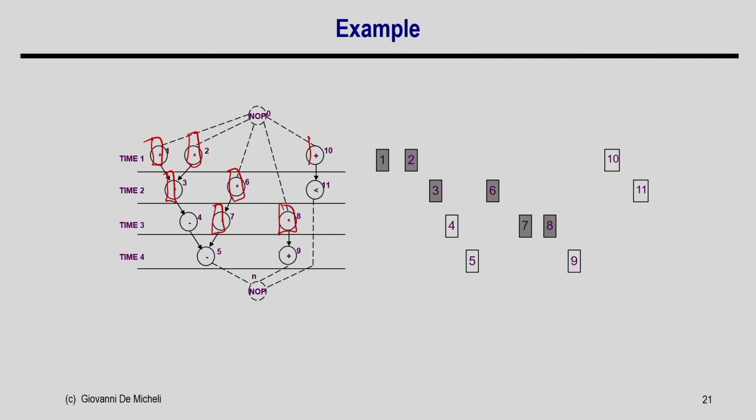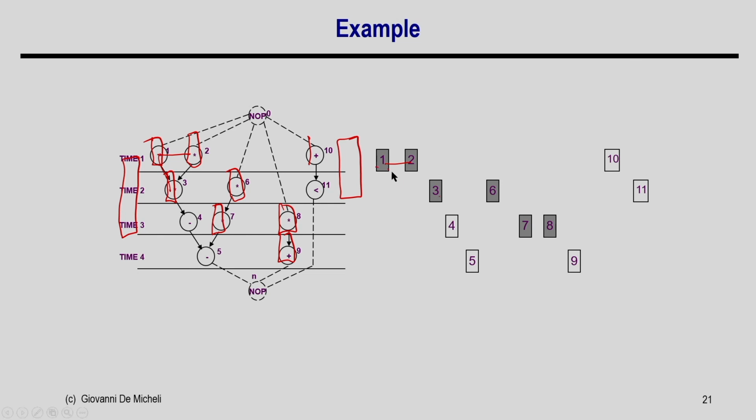If an operation is multi-cycle, I have an interval of more than one cycle. If some operation is 3 cycles, the interval will be 3 cycles, but the schedule that I have considered here is only single cycle. So, this is how I have constructed the intervals, and now see, 1 and 2 are overlapping. So, their intervals are overlapping. 1 and 3 are not overlapping, they are in different time steps.